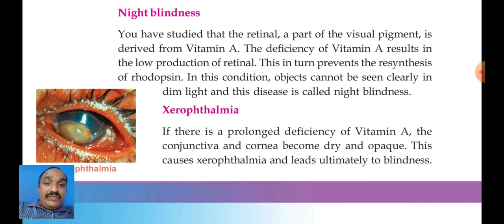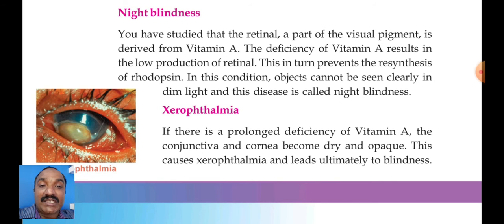The cornea we know is transparent, and the conjunctiva is a wet layer. Full time it is wet, not dried. If vitamin A is continuously absent in the food, what will happen? The cornea and conjunctiva dry, and the cornea becomes opaque.